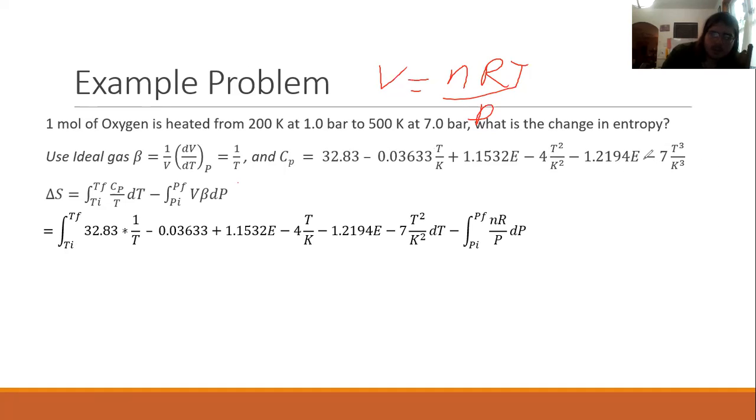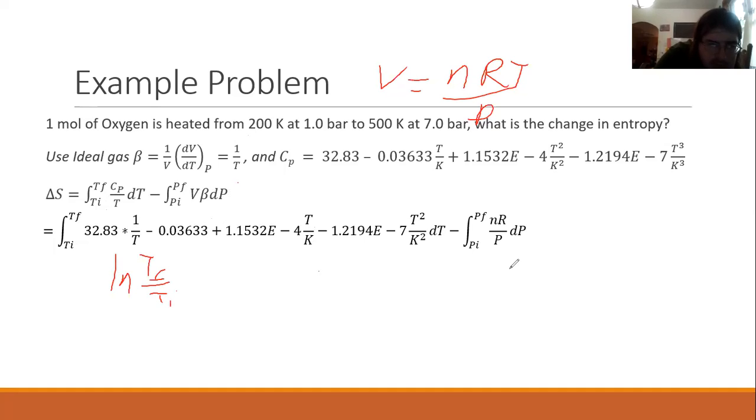These are just constants carried out. Now, because delta S is C sub P over T, and this is V beta over P, it's volume over temperature dP. So this becomes 32.83 over T. T over T is 1, T squared over T is T, T cubed over T is T squared. As we integrate, the first number is going to be ln Tf over Ti.